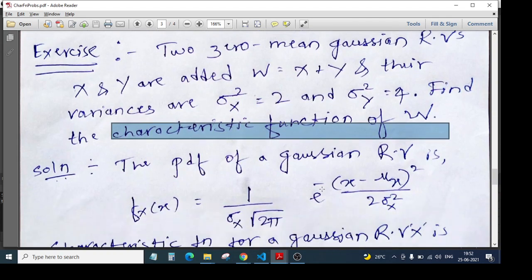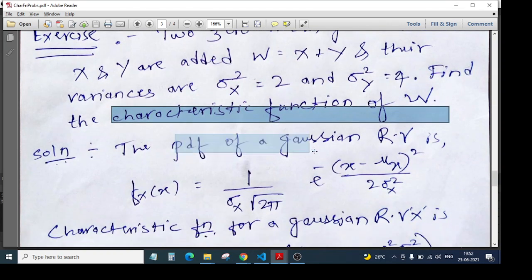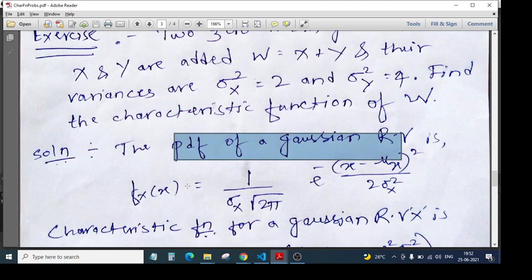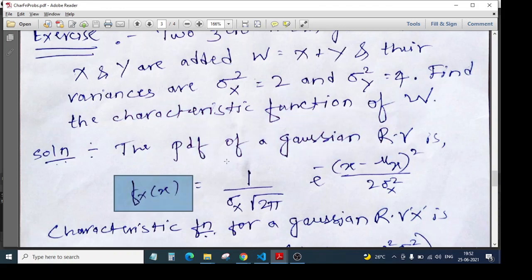Okay. So the PDF of a Gaussian random variable, I have reproduced it here. So it is given by small fx of x, which is equal to 1 divided by rho of x root of 2 pi e raised to minus x minus mu x the whole square divided by 2 rho square x.